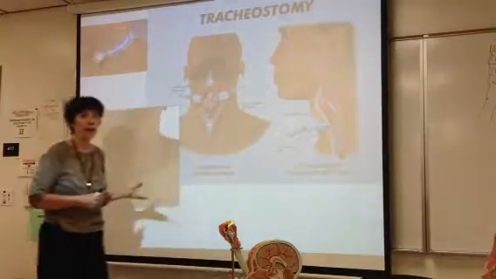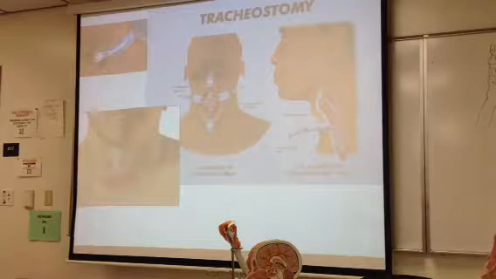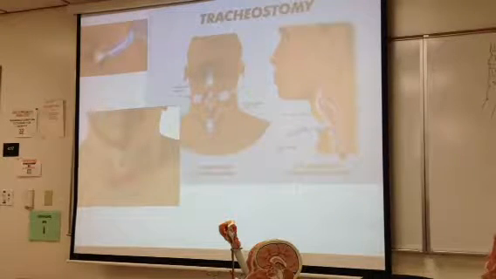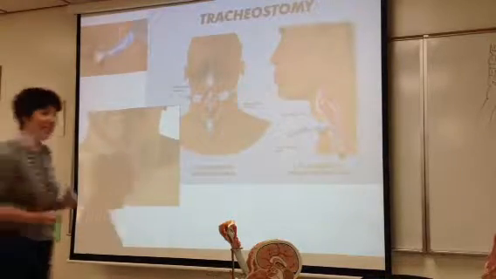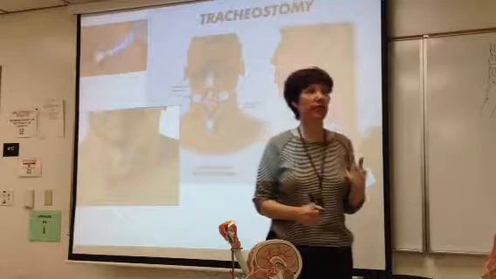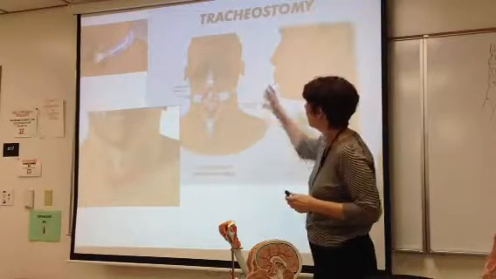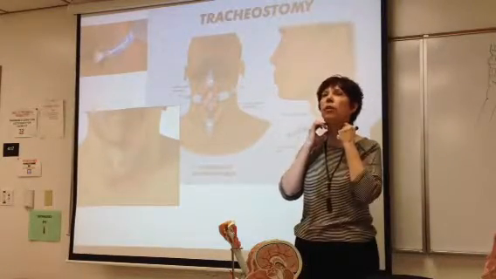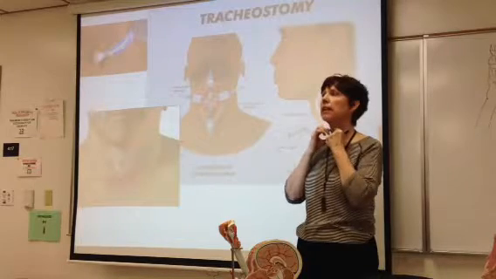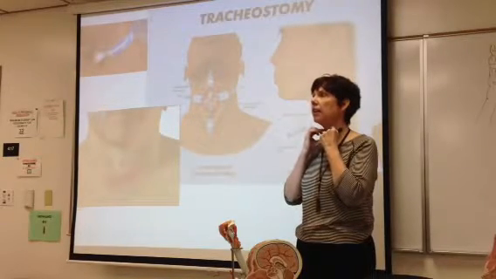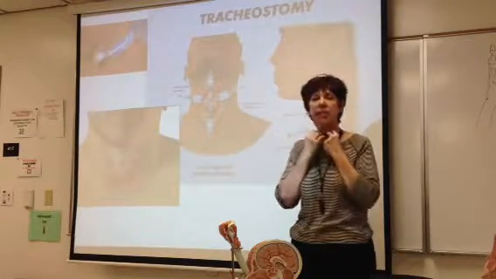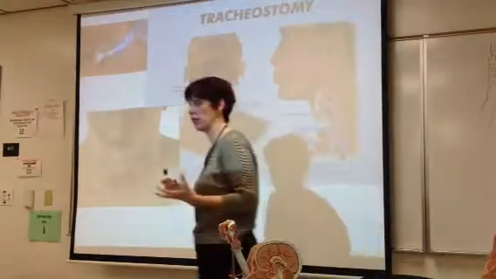A temporary trach might be done in an emergency, but it's always done under sterile procedures and in an operating room. No, not that one. Because if we look at the trachea, the endocrine organ that's located right here just below the larynx is the thyroid gland. And as an endocrine organ, that's very vascular.